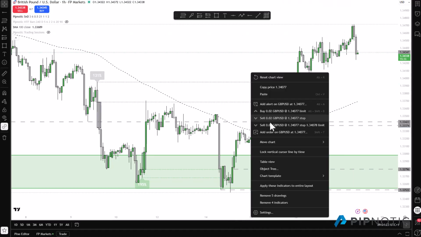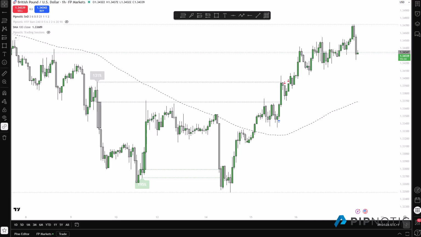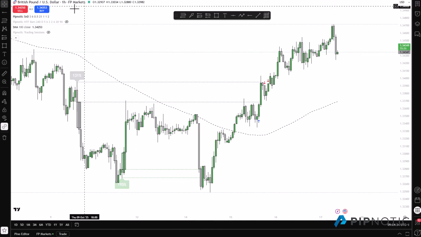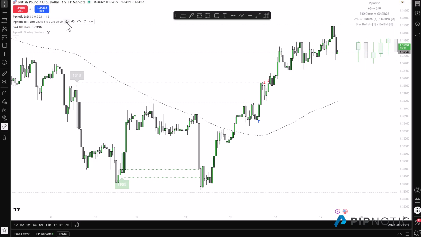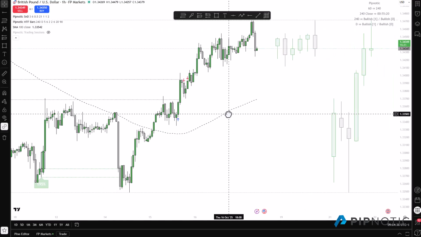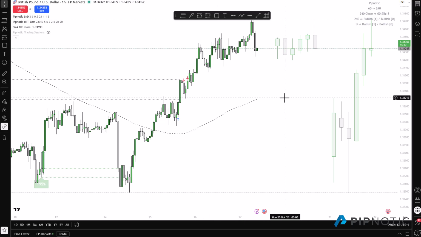And I made another tool for this that you guys are free to use. If you go to, actually let me go to my, this is my first chart. If you go to the indicators, I made a tool called Pipnotic HTF bars, higher time frame bars.